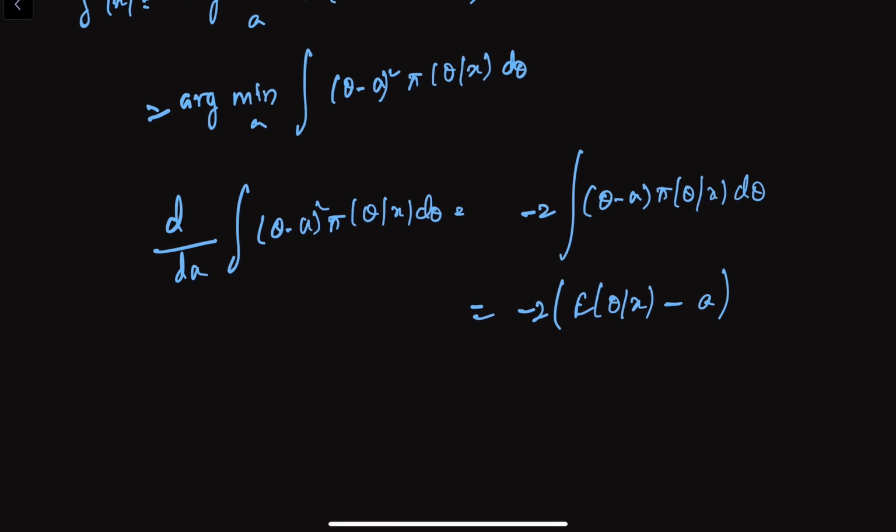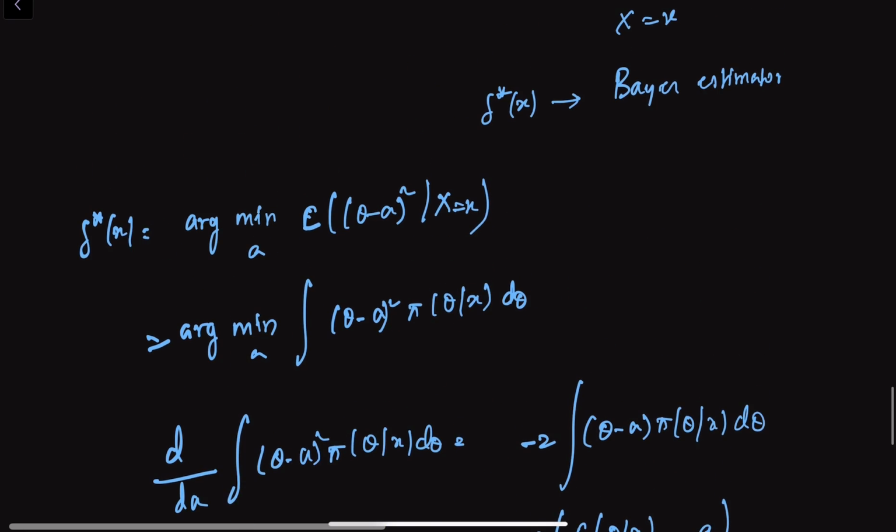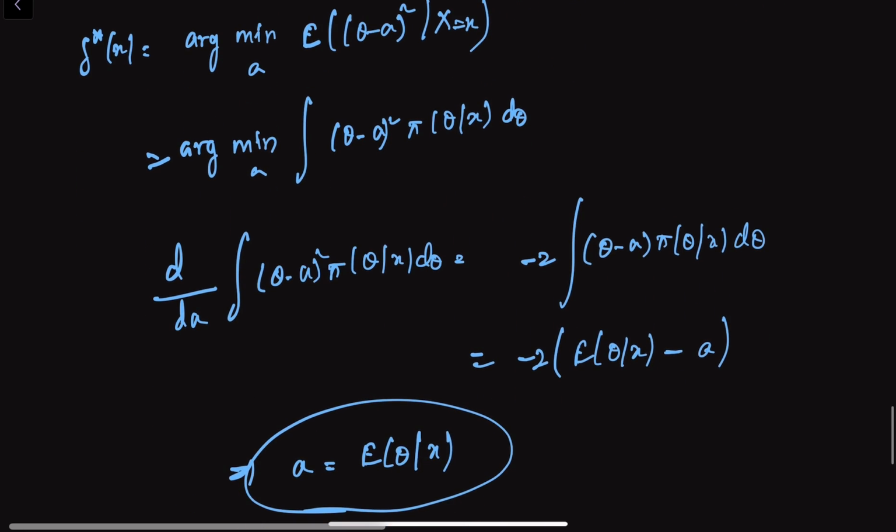Equating it to 0 gives us a equals the expectation of theta given x. And the second derivative is 2, which is positive, so at a equals the expectation of theta given x, the posterior risk is minimum.